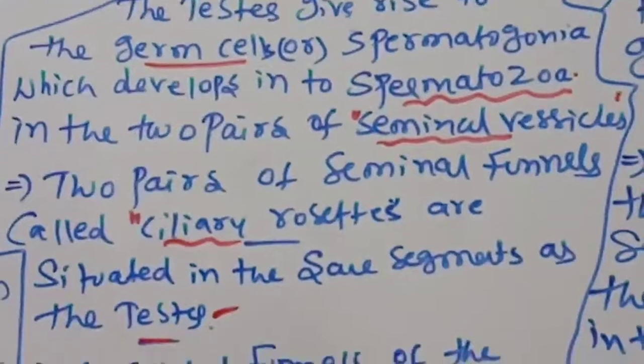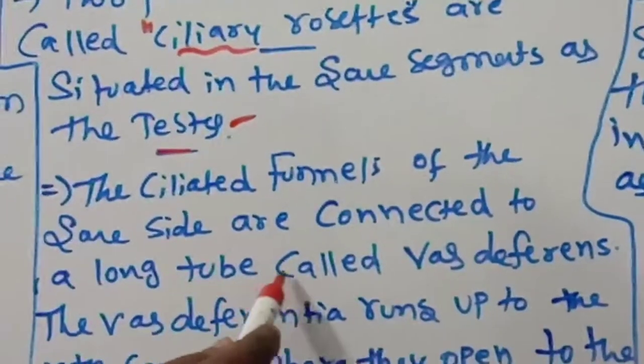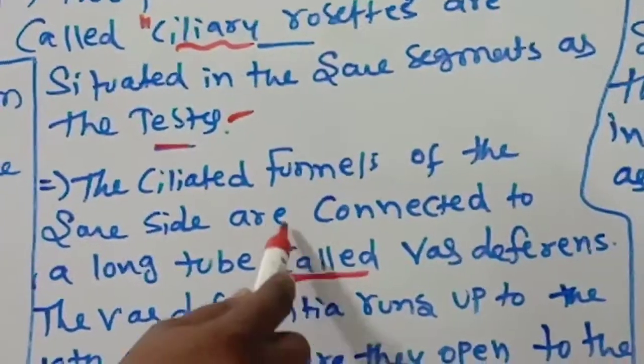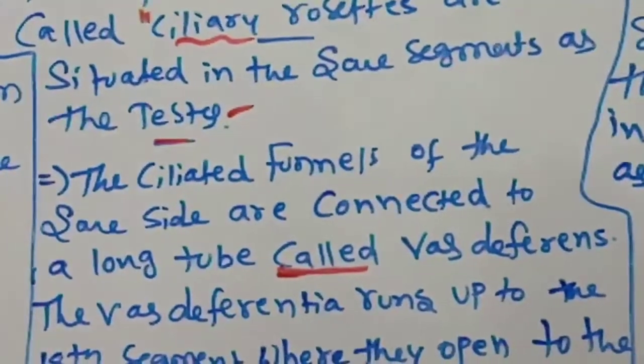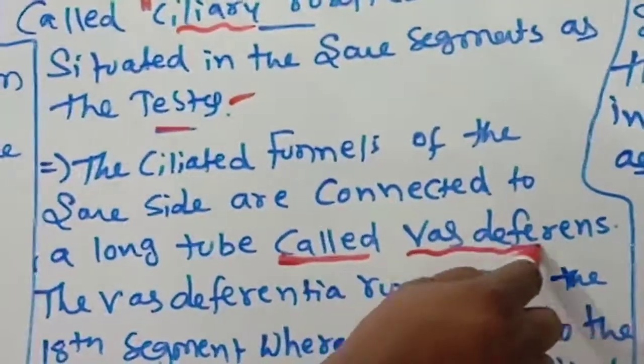The ciliated funnels of the same side are connected to a long tubule called vasa deferens.